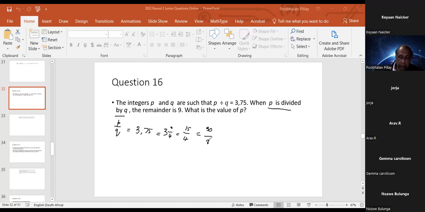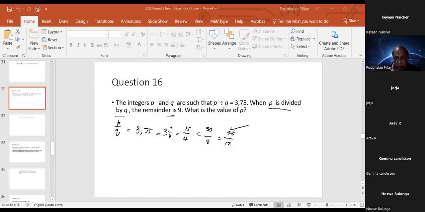Here, when you divide 30 by 8, 8 goes into 30 3 times, 24. The remainder is 6. All right, so let's go on. If you multiply 15 over 4 by 3, you get 45 over 12. And in this case, 12 goes into 45, 3 times, 36, and the remainder is 9. So this is what we are looking for, right? So P over Q is still 15 over 4 if you simplify this, which is 3.75.